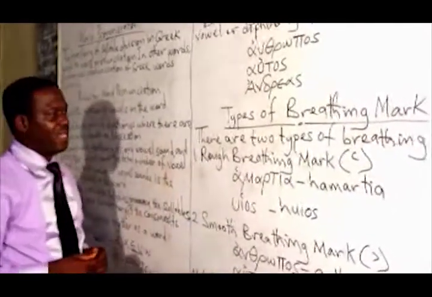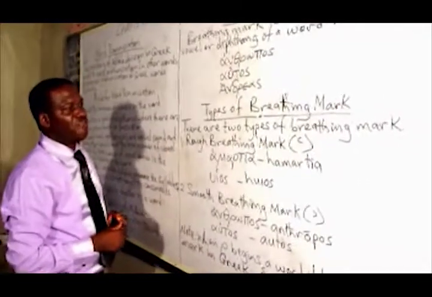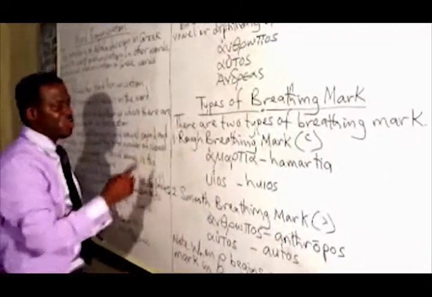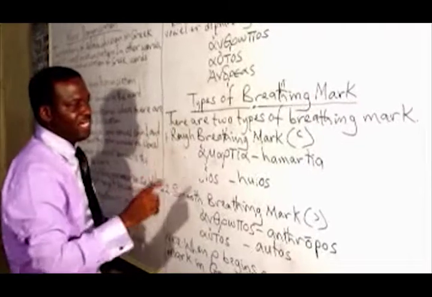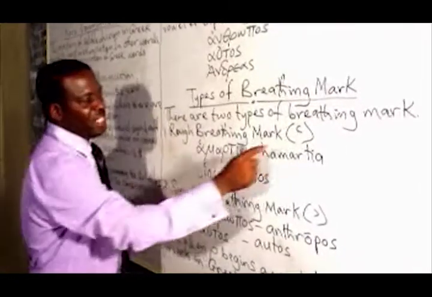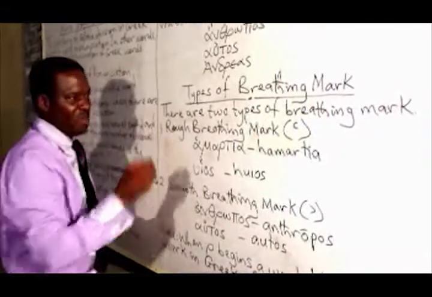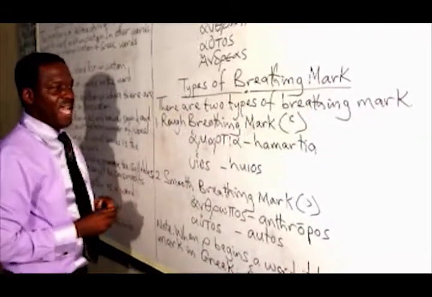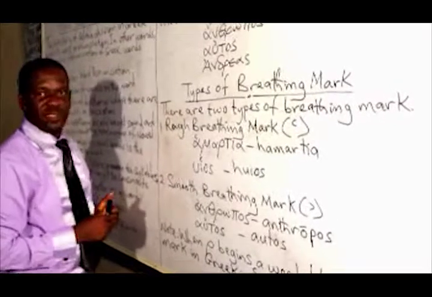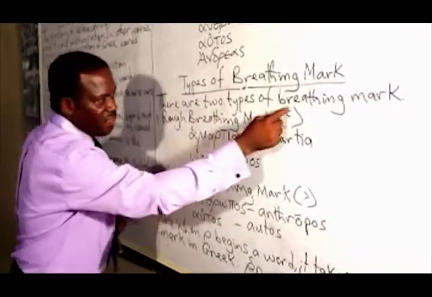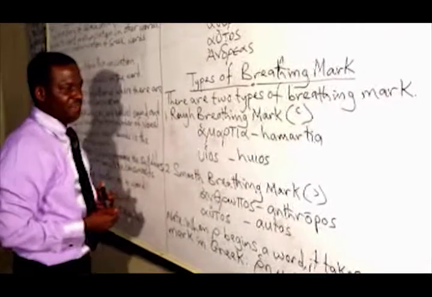Types of breathing mark. There are two types of breathing mark. The first one is the rough breathing mark. The rough breathing mark is in the form of a C, but small in size, and is concave to the left. That means it's curved to the left. You see the sign now, it's curved to the left.